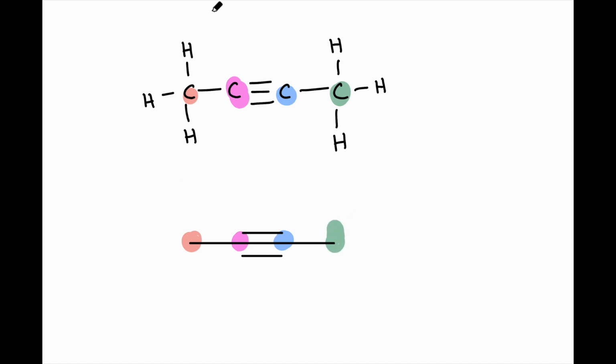And we don't have to draw the hydrogens because again, they're implied. So if you notice, this structure represents 4 carbons. So that final rule is triple bonds must be drawn linearly. They can't be drawn at an angle.